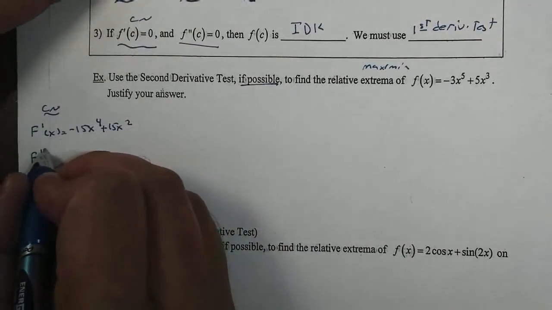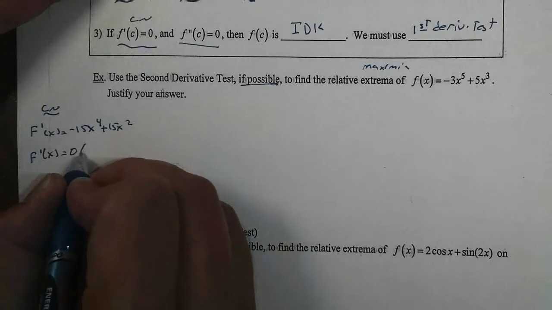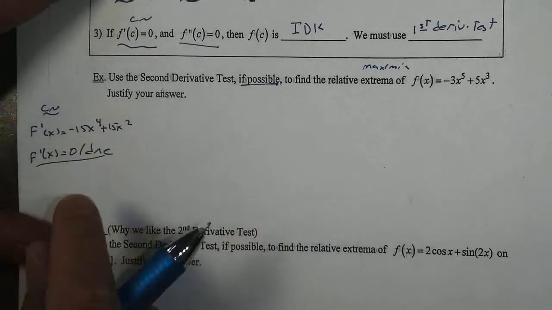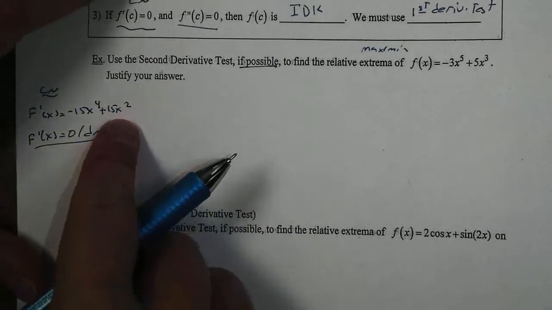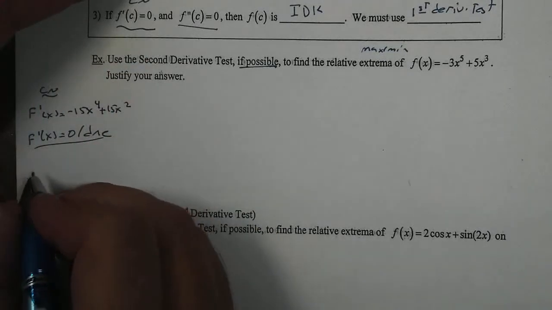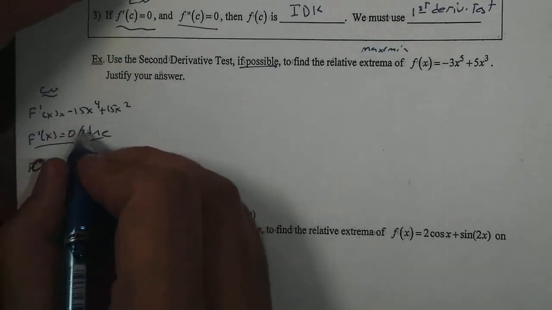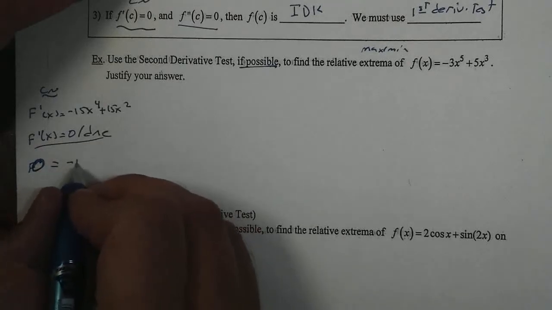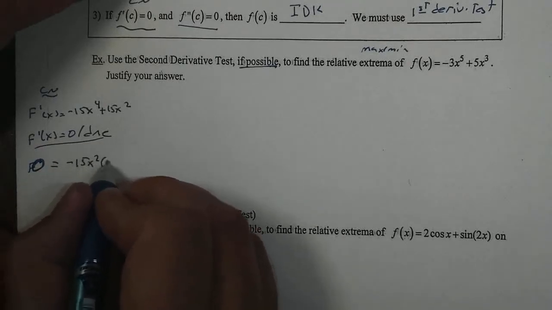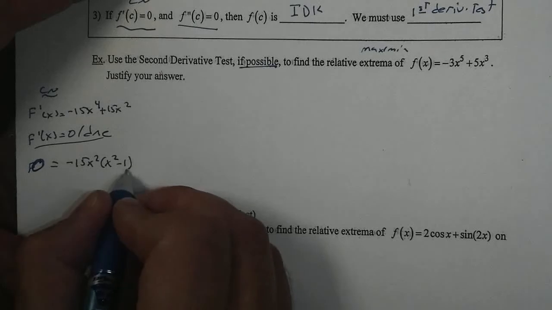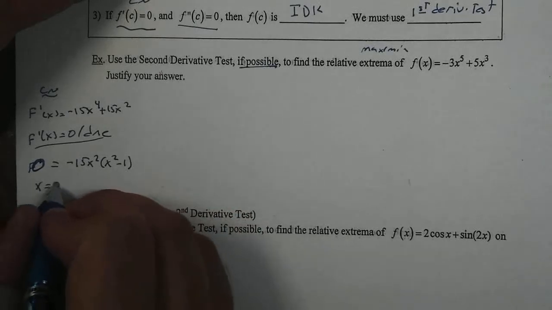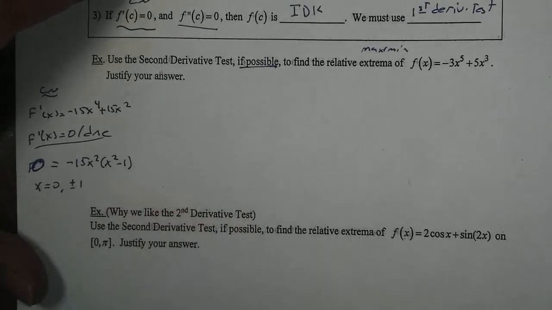I want to find out where that derivative is 0 or DNE. I don't need the DNE here because it's a polynomial, but I always have it just in case. So where is the first derivative equal to 0? I just set my derivative equal to 0. I'm going to factor out a negative 15x squared, and we get x squared minus 1. And that's going to give us 0 and plus or minus 1.